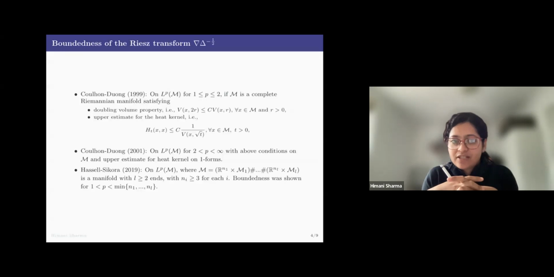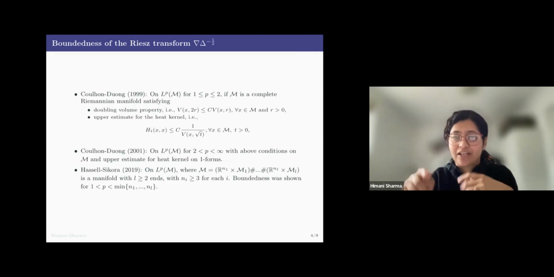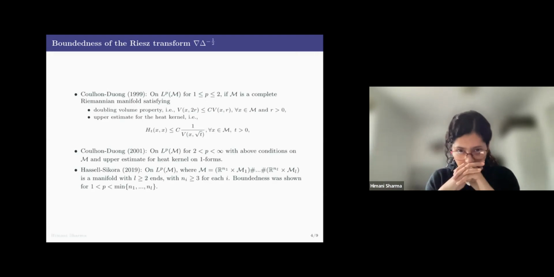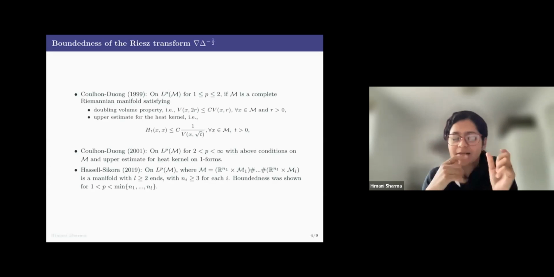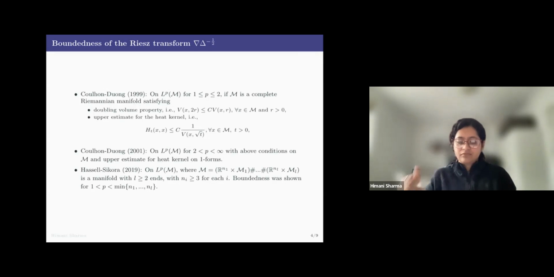On these manifolds, they have shown the boundedness of the Riesz transform, but the range of P is restricted to 1 to the minimum of the n_i's that we are taking. So we actually get the boundedness of the Riesz transform for a particular case of non-doubling manifold. I would not say that it covers the entire range of Riemannian manifolds with non-doubling property.